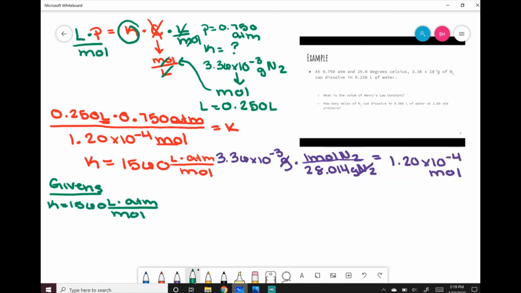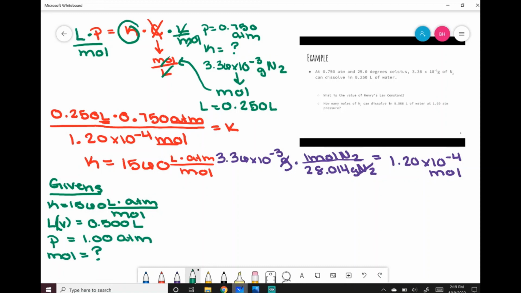We are given our volume, or liters. I'm going to put L or V depending on what you want to put. And it is 0.500 liters. And then I'm also given my pressure, which is 1.00 atmospheres. What I'm trying to solve for is my number of moles.